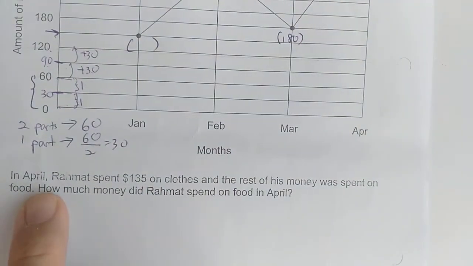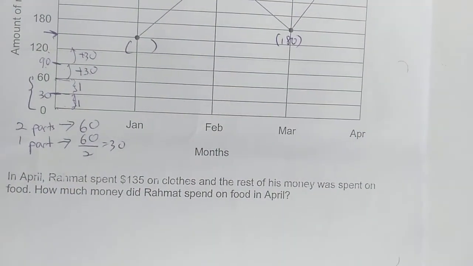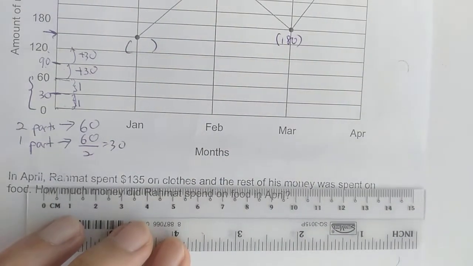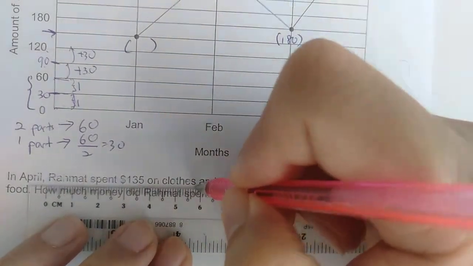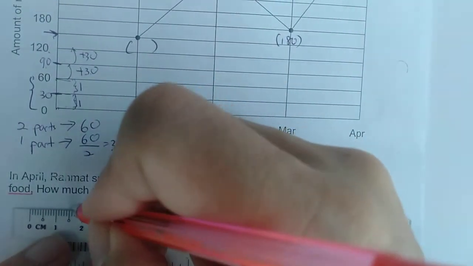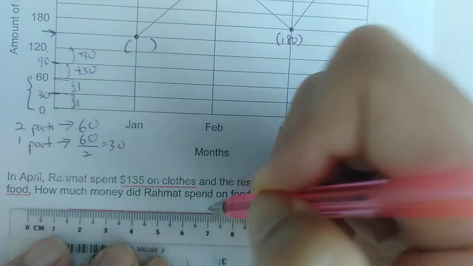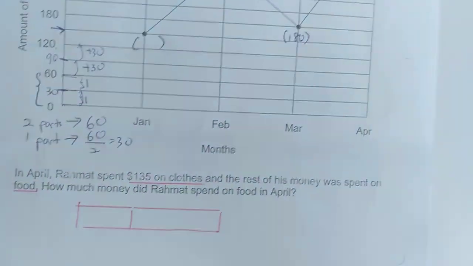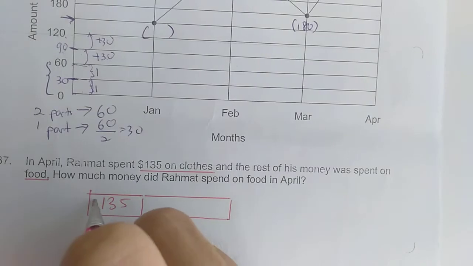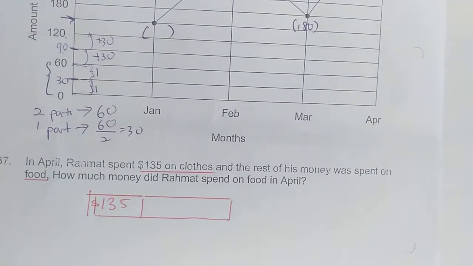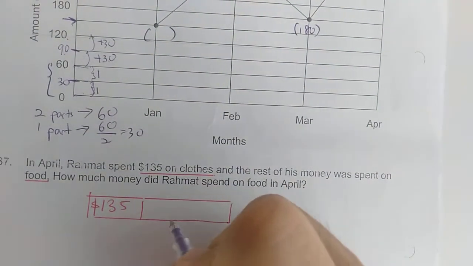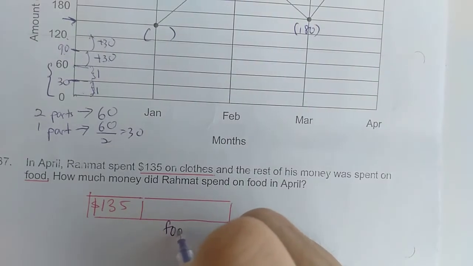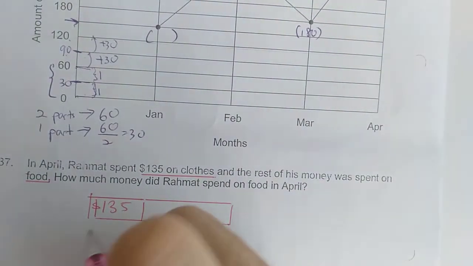Now in April, Rahmat spent $135 on clothes and the rest on food. So he spent the money on two different things. A simple model will show you here. In April, he spent $135 on clothes and the rest of the money was spent on food. So this part was clothes.